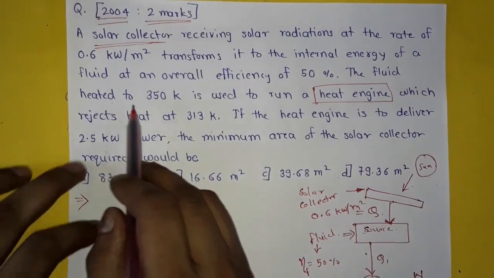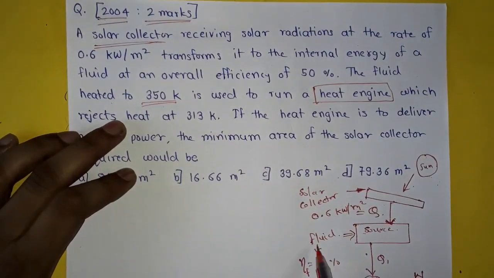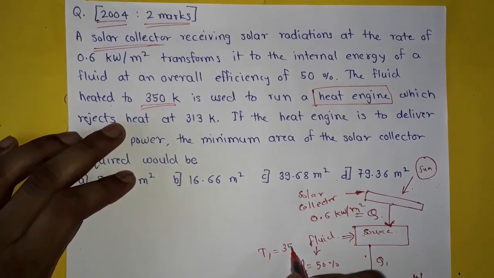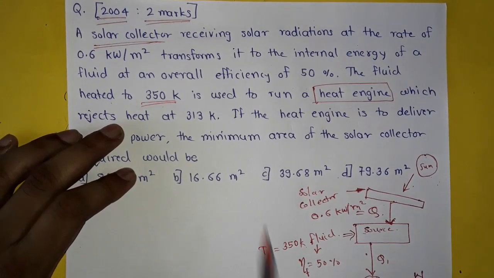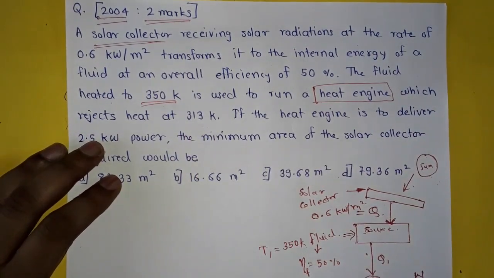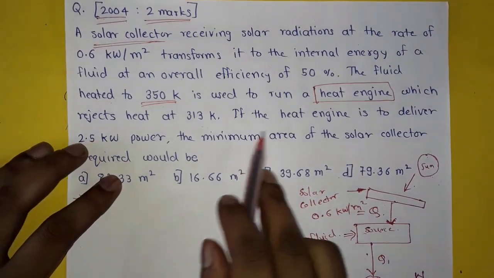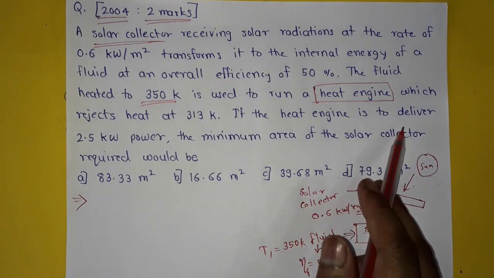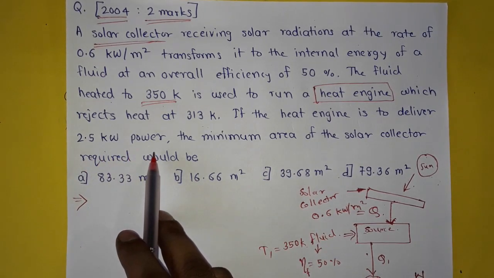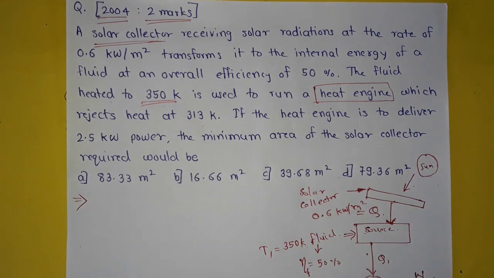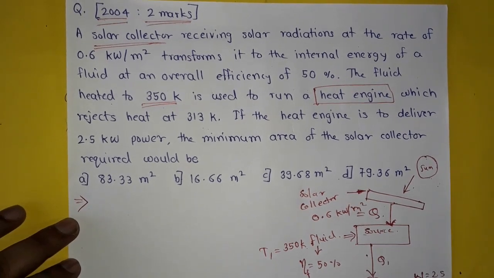Then the fluid is heated to 350 Kelvin, so T1 is equal to 350 Kelvin, is used to run the heat engine which rejects heat at 313 Kelvin, so here T2 is equal to 313 Kelvin. If the heat engine is to deliver 2.5 kilowatt power, the minimum area of the solar collector required would be, so W here is 2.5 kilowatt.